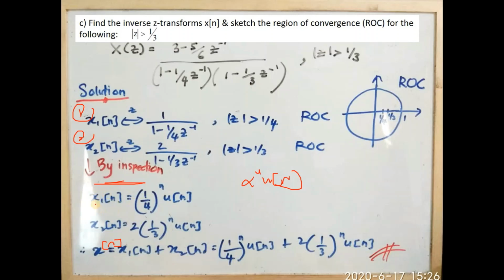Okay, finally you get this answer. For the ROC, the region |z| more than 1 over 3 is over here, meaning that it's going to overlap both, 1 over 4 is actually overlapped too. So this is the ROC for |z| more than 1 over 3.